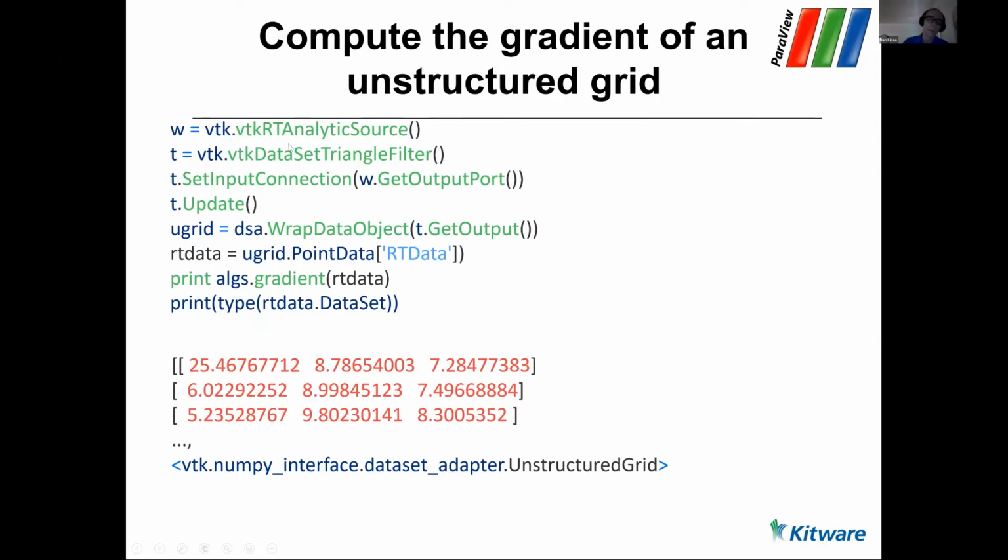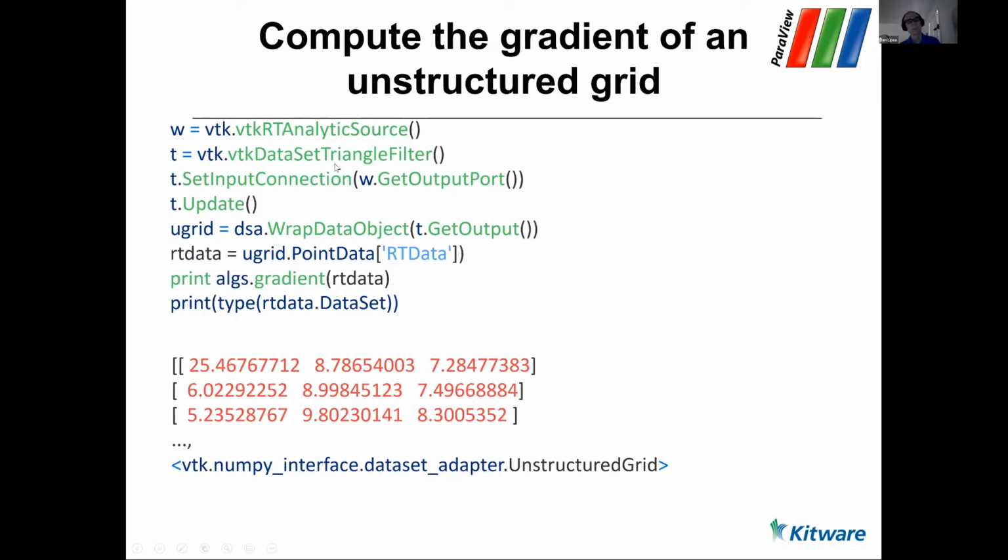Here we create a VTK RT analytical source. This is the wavelet. If you looked around in ParaView, we have a wavelet filter. It creates a wavy image data. That's how it's called in VTK.